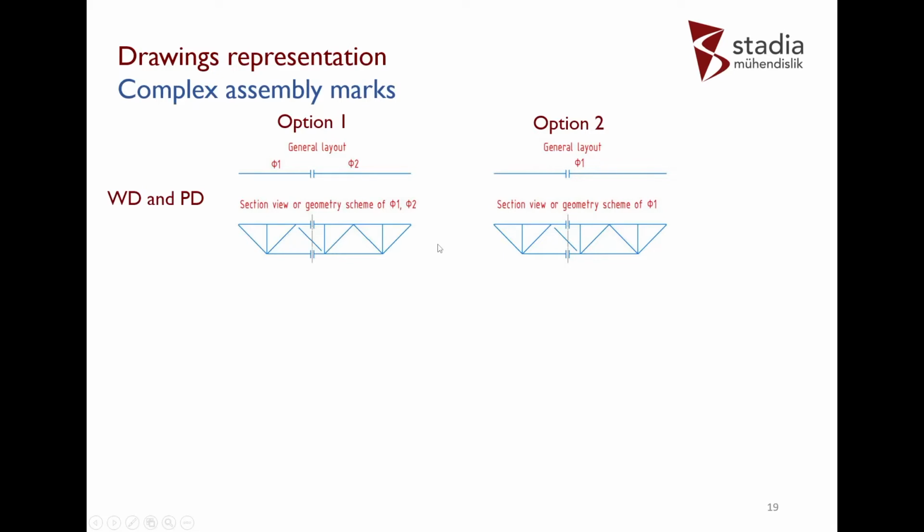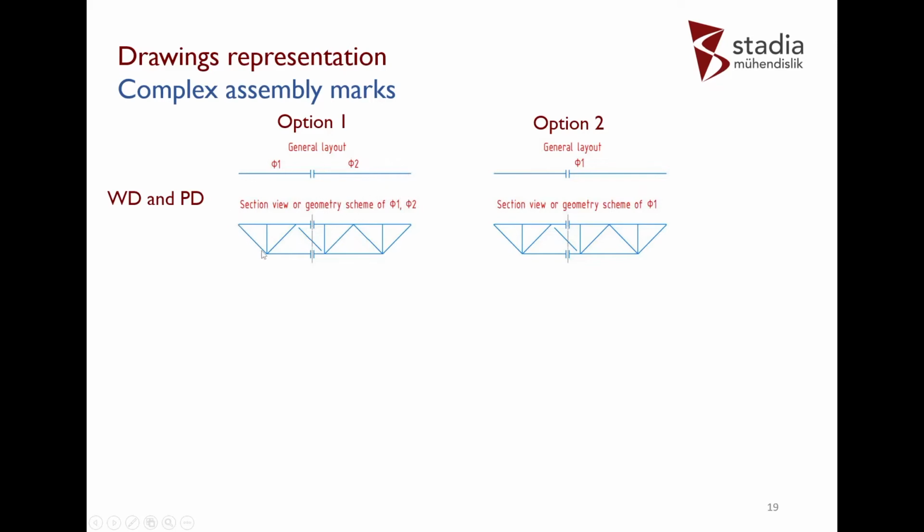And the next slide is about complex assembly marks. For example, we have a usual truss, and this truss has a side joint in the middle. There are two options for how to mark this truss in the steel design, the steel project. We can divide this truss into two marks and call them F1 and F2, or we can mark the whole truss as F1.